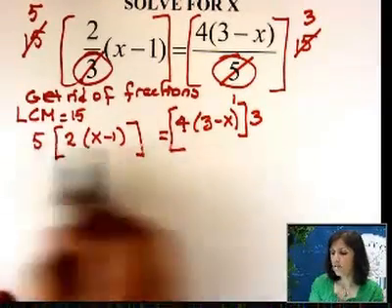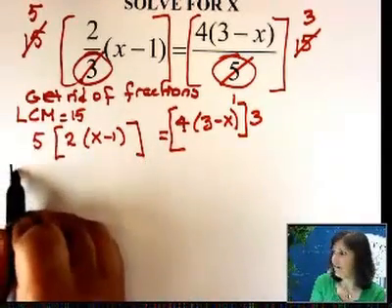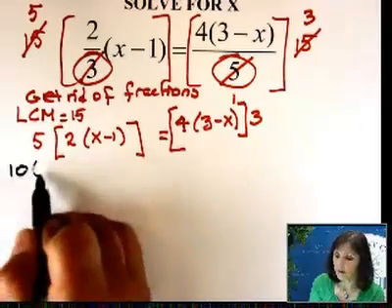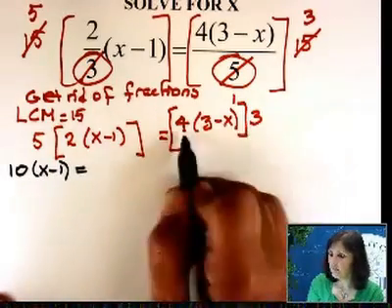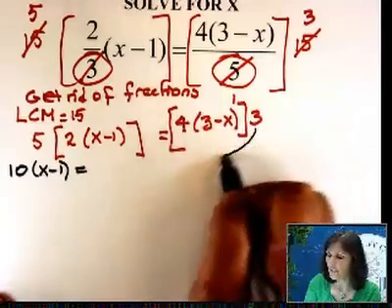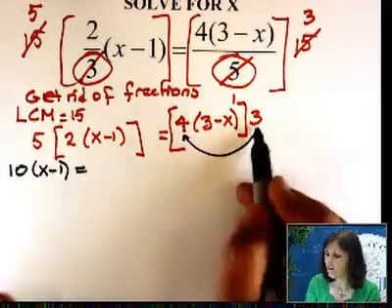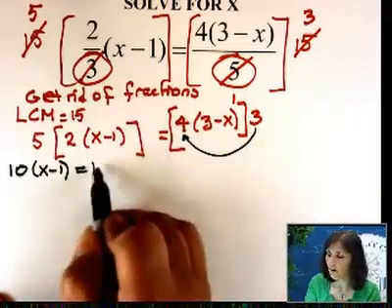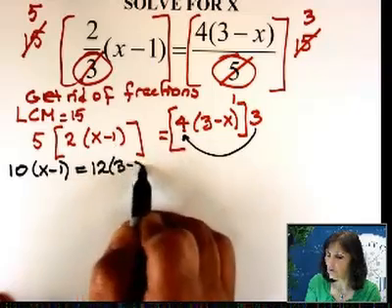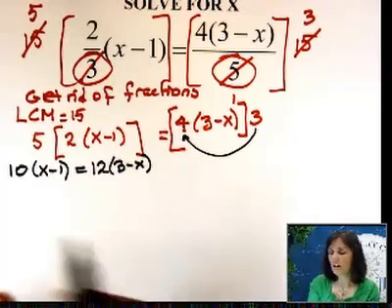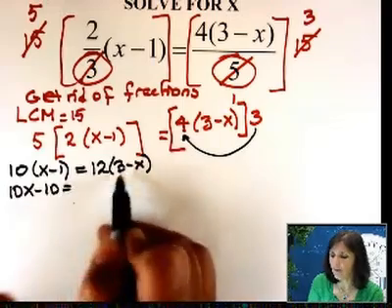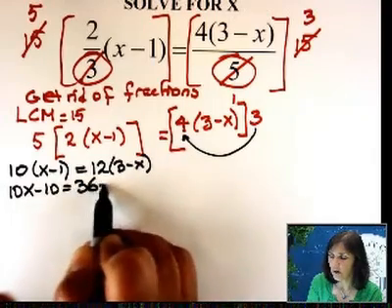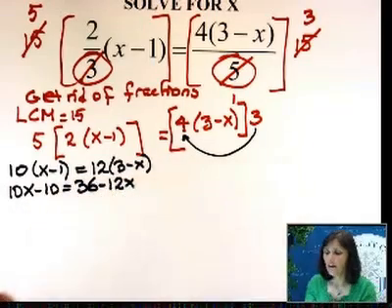Now multiply these across, left to right, you have 10 times x minus 1 equals, and on the right, I want to just put that 3 in there because it's a little easier. 3 times 4, that's 12, times 3 minus x. Work it out with the distributive property. So you have 10x minus 10 equals 12 times 3, that's 36, minus 12x.